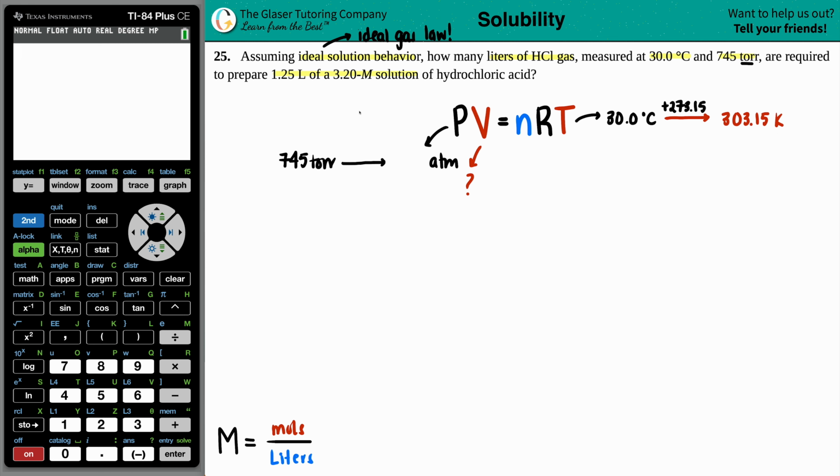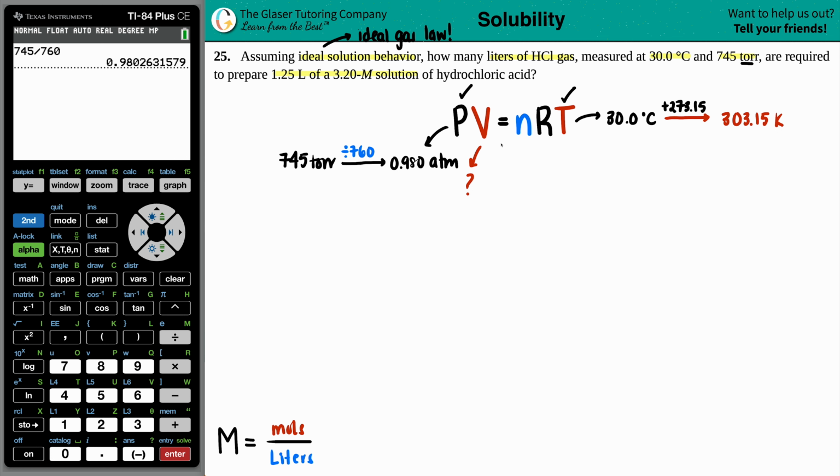And in order to go from torr to atm, you just divide by 760. So know that conversion. I'm going to take 745 divided by 760, and I'll give it a couple of decimals. 0.980. That should be good enough. So I have my pressure.